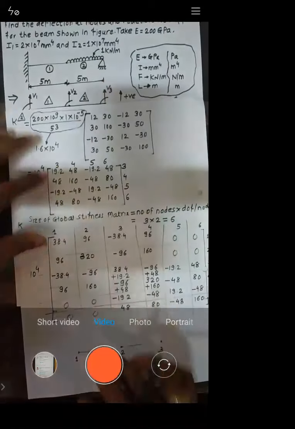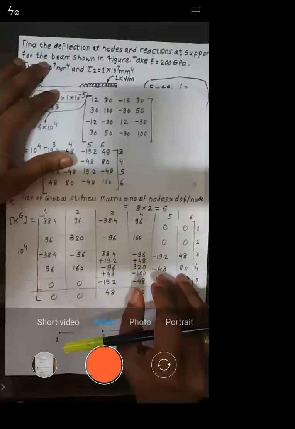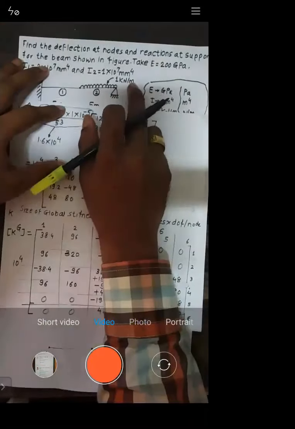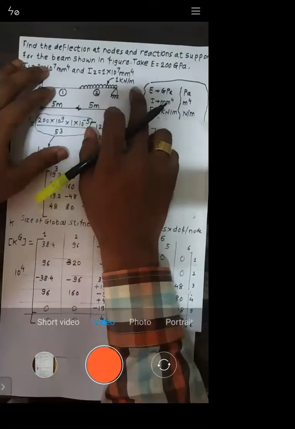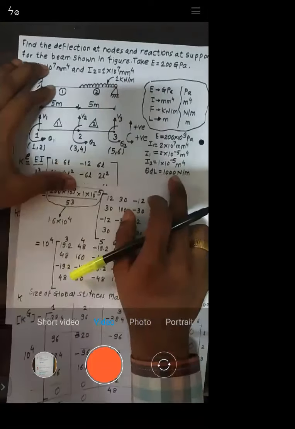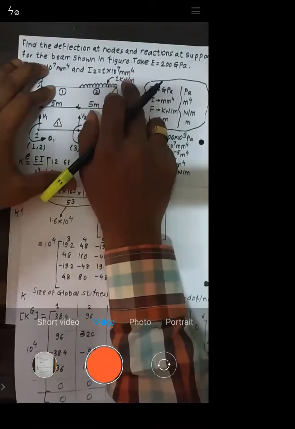What is the intensity of the uniformly distributed load? 1 kilonewton per meter. But this is 1 kilonewton, we need to convert it into Newton. So this is 1000 Newton per meter.